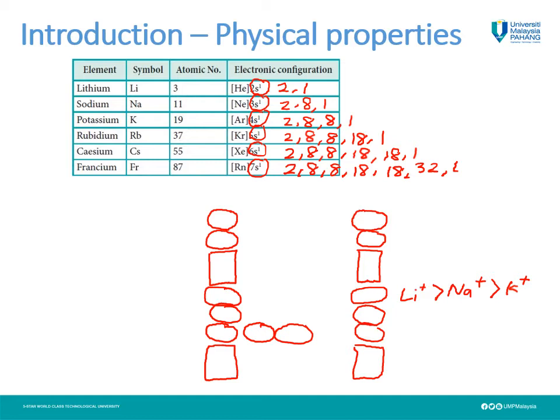For cesium, 2,8,18,18,8,1. And for francium, 2,8,18,32,18,8,1. If we look at the electronic configuration, the outer orbital has one electron. This one electron is readily removed to form an ion.